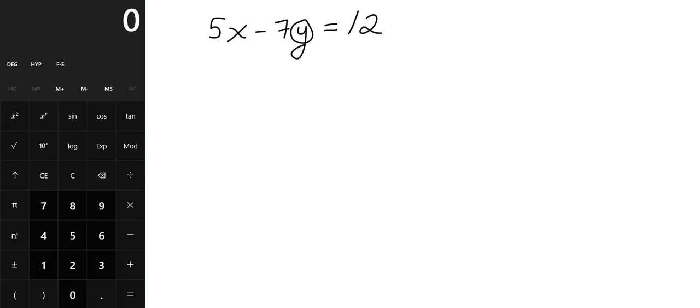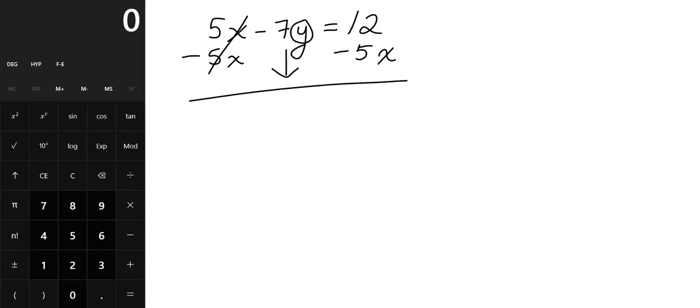We start by getting rid of whatever is being added or subtracted. So we need to move that 5x first. So we're going to subtract 5x from both sides. This cancels. So now we have negative 7y equals negative 5x plus 12.